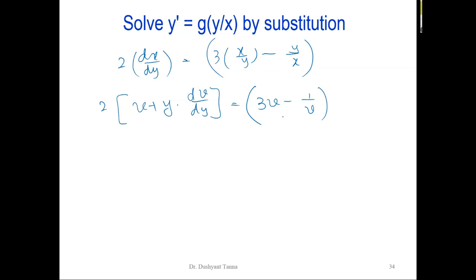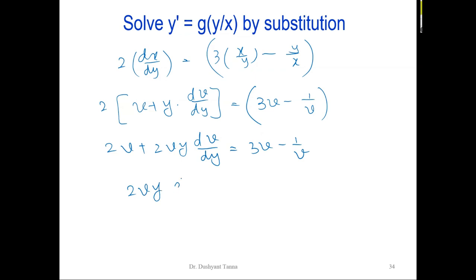Okay, now let's simplify where we can. So what that will be. Let's expand everything. 2v, 2vy dv over dy, 3v and 1 on v. Okay, let's take it on that side.